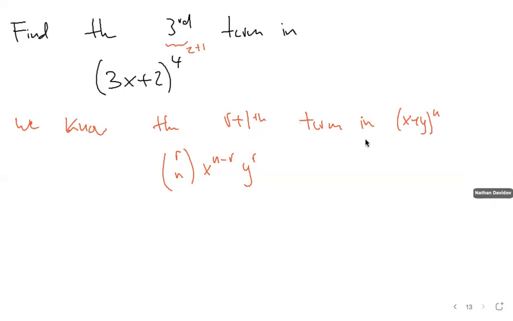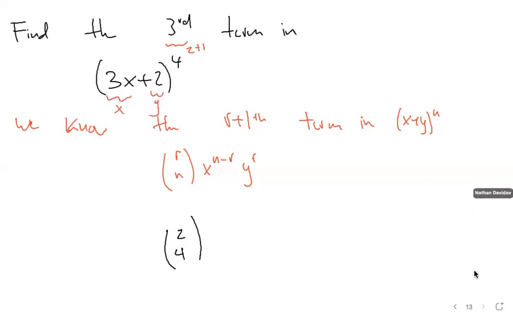So that means the way I'm going to plug this into the formula is, this is going to be 2 choose 4, x to the, oh, what's my x here? My x is actually 3x, and my y is 2.